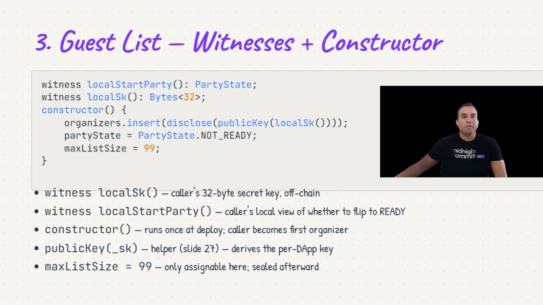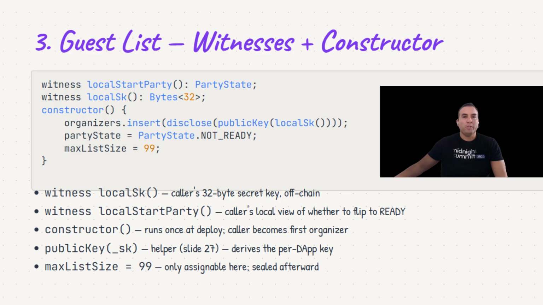Now, the constructor. This runs once, when the contract is deployed. One line does a lot of work. It takes the deployer's local secret key, derives their per-app public key using the public key helper, which we will see at the bottom of the file, and inserts that derived key into the organizer set.